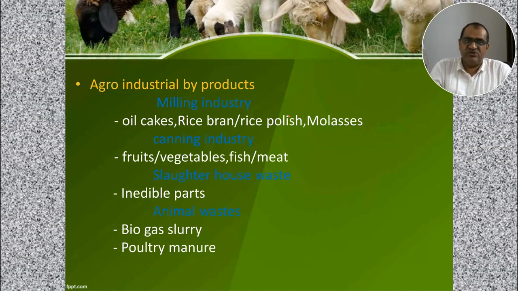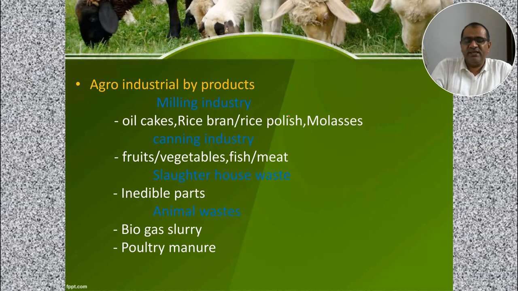And rice polish, because people want white rice, the outer coat of the paddy is removed to make it look very white, and this is wasted as rice polish. Apart from this, molasses also acts as a source of energy. Of course, it is nowadays very difficult to get molasses because it requires a feed license.